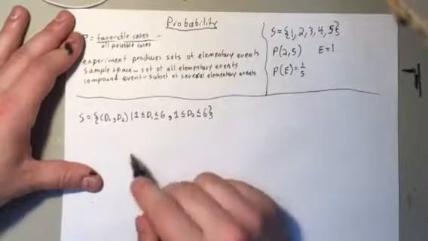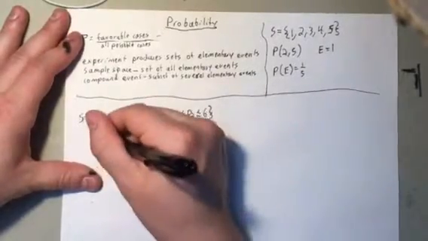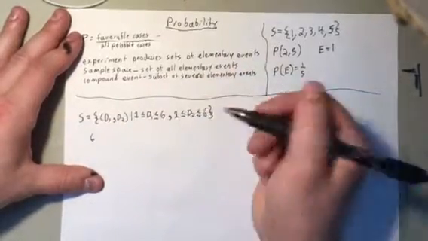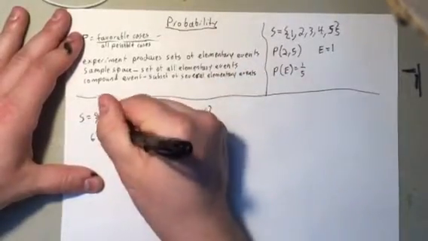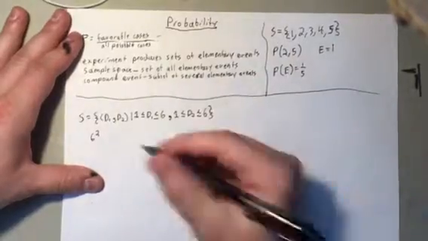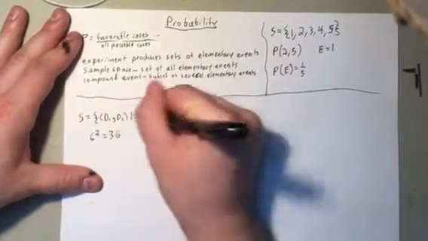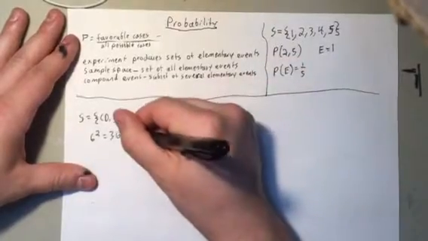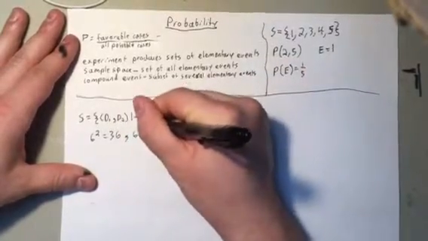Here we just have 2, so that would be 6 squared, so we have 36 possibilities. If we had 3 dice, it would be 6 to the 3rd.